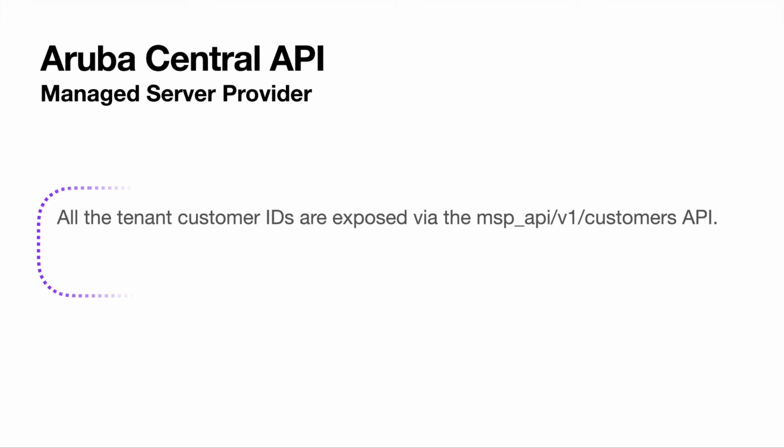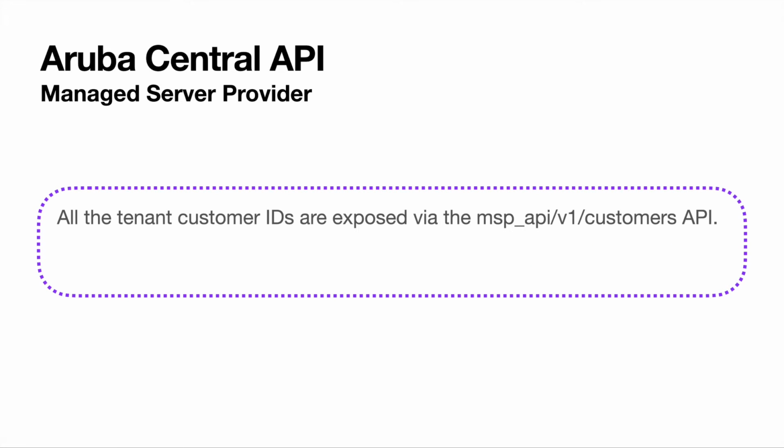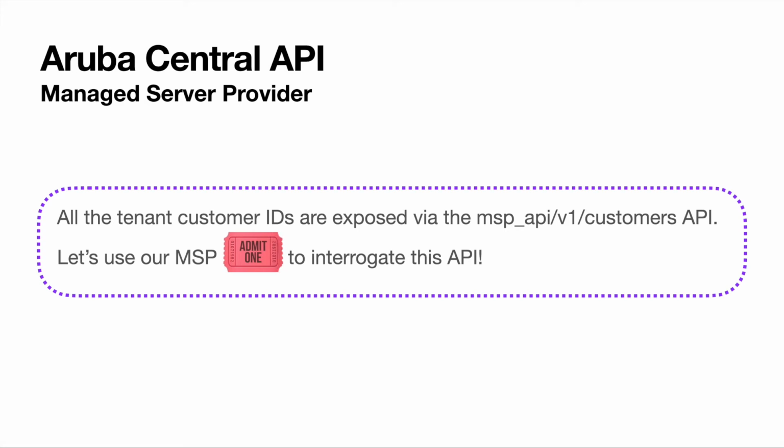And how do we do that? Well, all of the tenant customer ID, so that information that we need for this client credentials call, that's exposed via an API. So we have a specific msp_api, and we can get the customer details from there. And what we can do is we can use our MSP level token to interrogate that API and get that data.